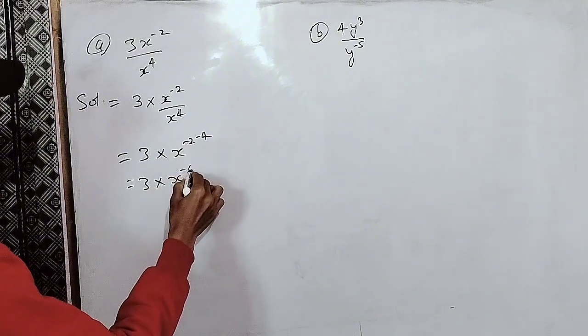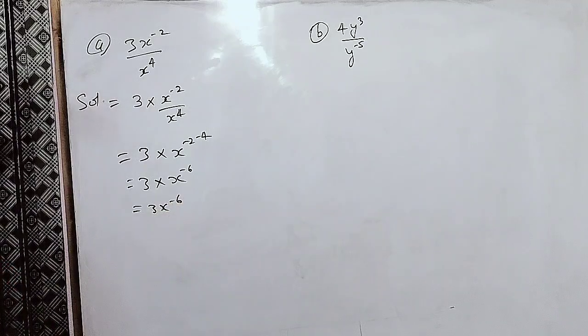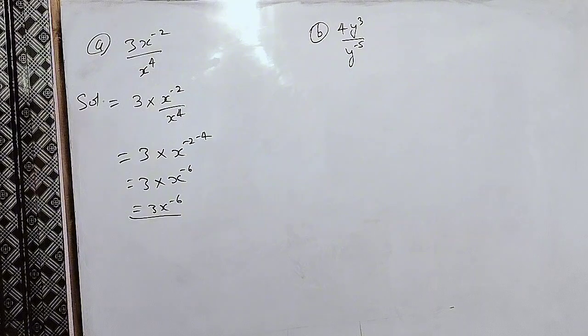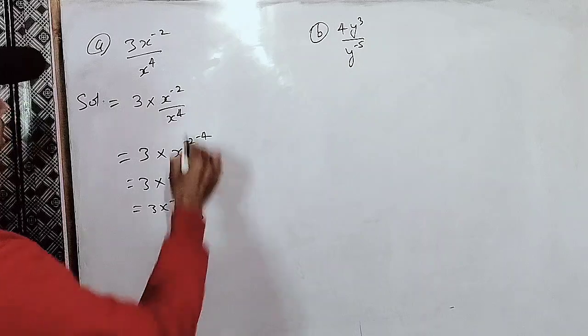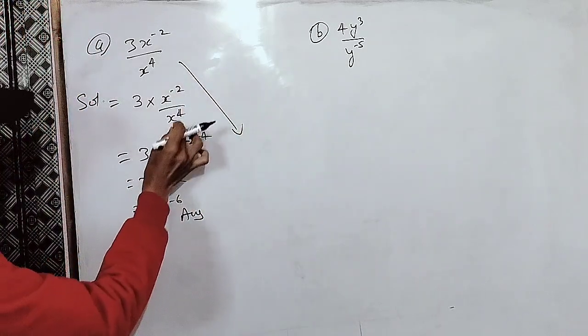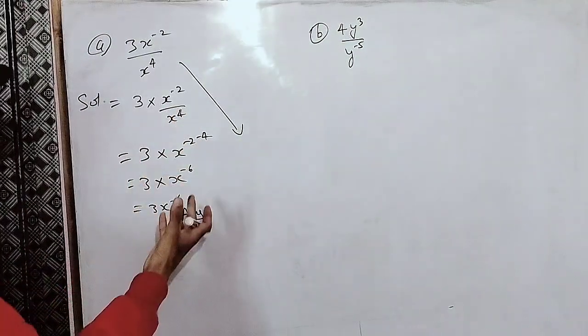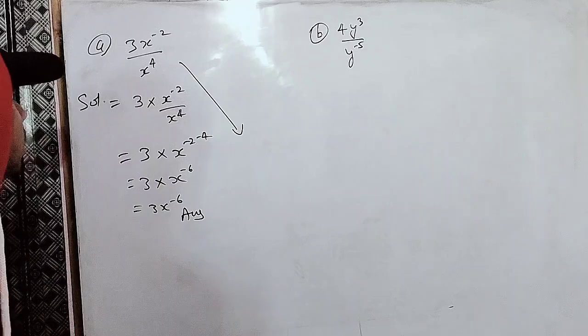It would be 6, like that. Clear? This is one way, and a second way. So by using the quotient rule, we applied the quotient rule, and then we simplified it.